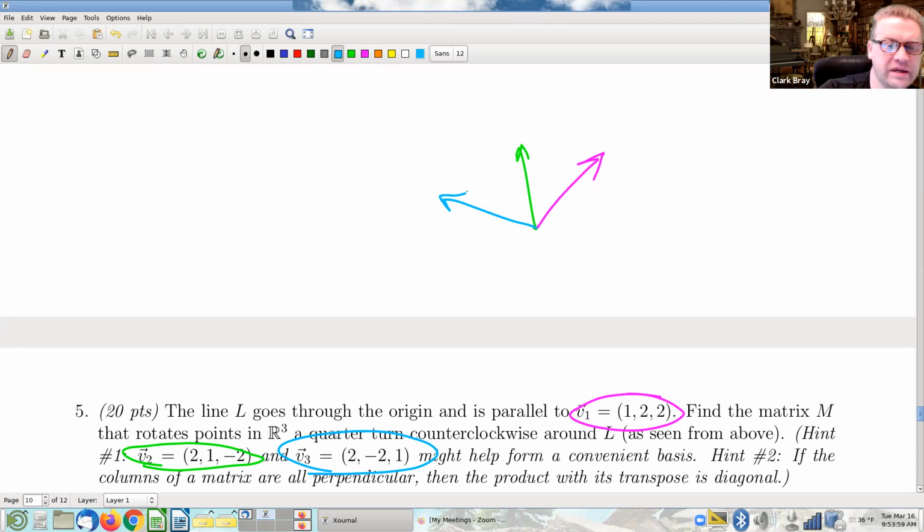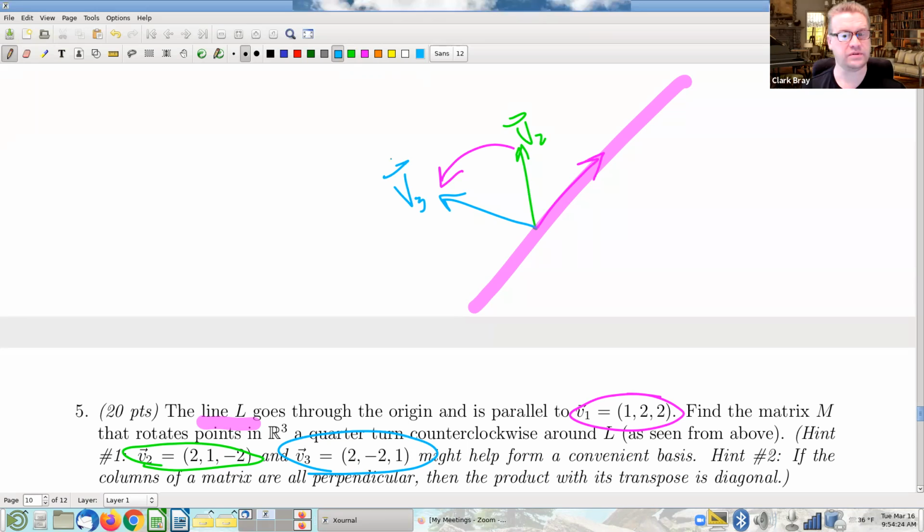And there is a temptation then to say, well, as we rotate around this line, that's our line L, that you can just see exactly what happens in that rotation. That, well, looks like v2 rotates into v3, so it seems, right?